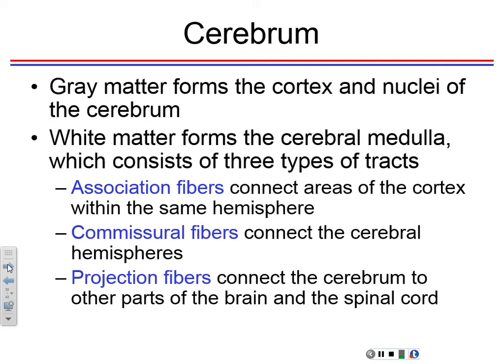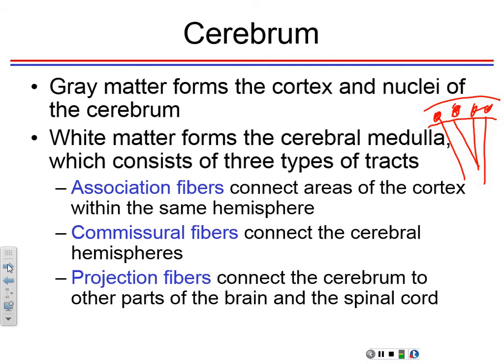The gray matter has all the cell bodies, so you have cell body, cell body, cell body, and this will be the cortex. Then the medulla in there has all these tracts, which are the axons. That consists of the white matter because all those axons are myelinated.